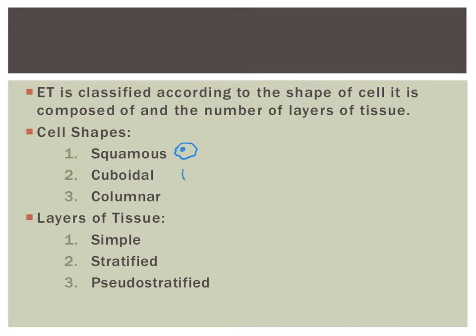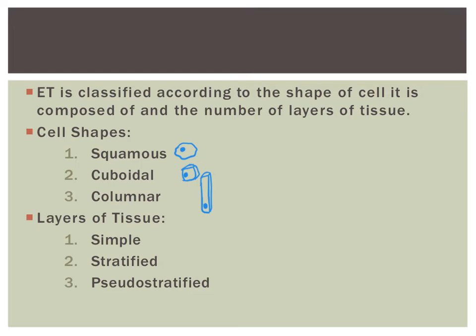Cuboidal, just like it sounds, it's shaped like a cube. Nucleus. Columnar, just like it sounds, like a column. I'm trying to draw these kind of 3D here with a nucleus. So you have squamous, which are flattened, kind of round, and then cuboidal, which is more 3D, like a cube, and then columnar, which is more 3D, like a column.